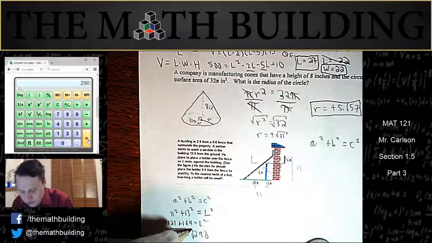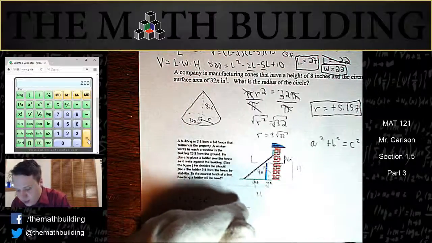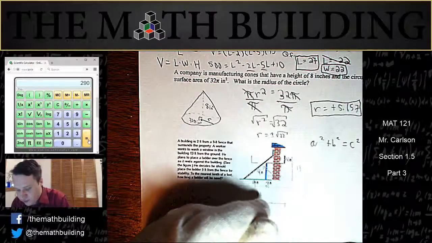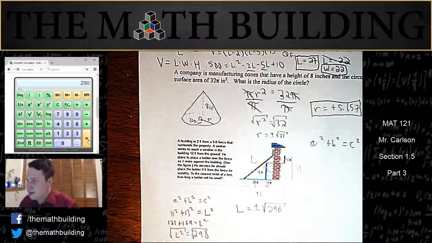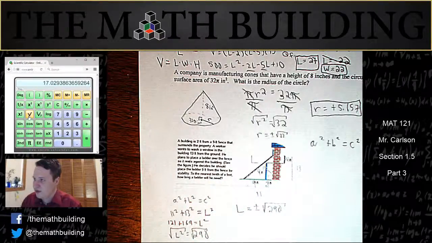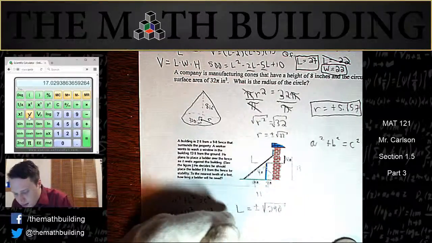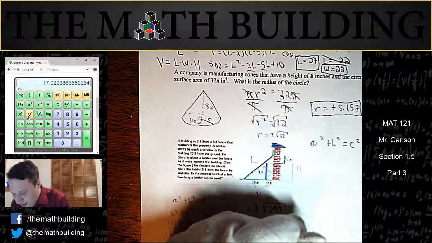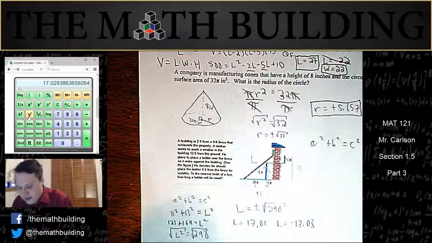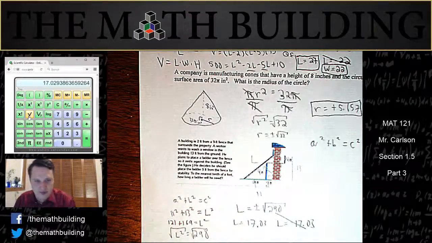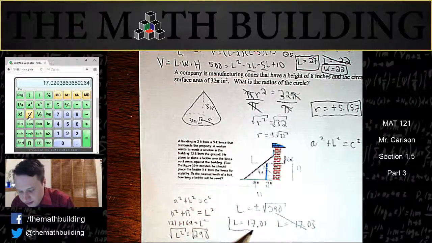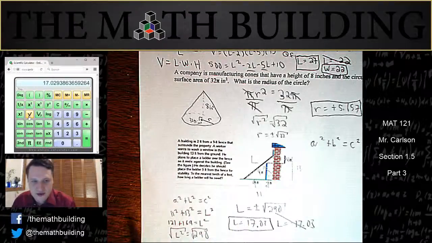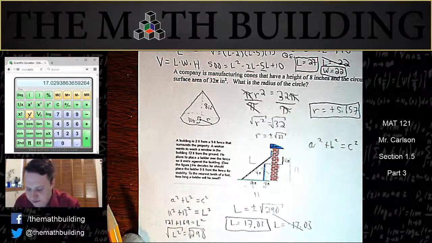Then just take the square roots of both sides. So L is equal to the positive and negative square root of 290. It's approximately 17.03. So L equals positive 17.03, L equals negative 17.03. Again, because this is a real-life application, we'll discard the negative answer. So the length of that ladder is about 17.03 feet.